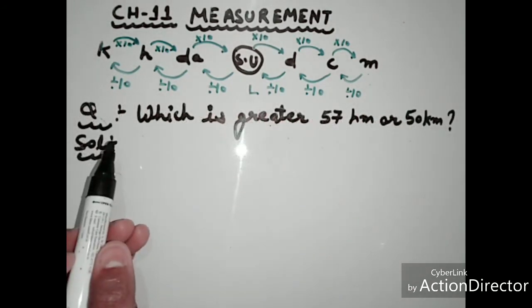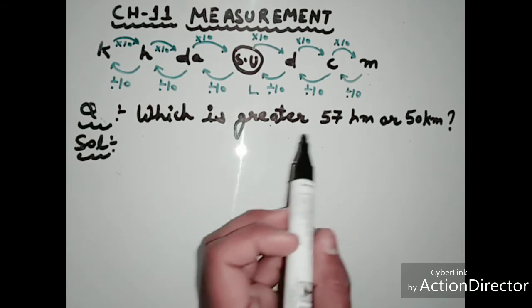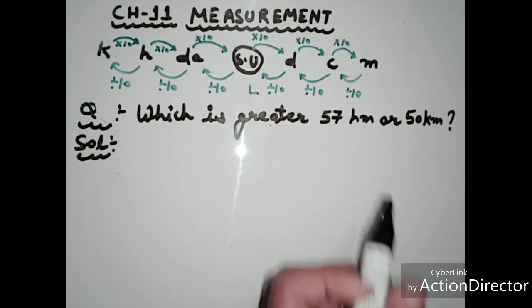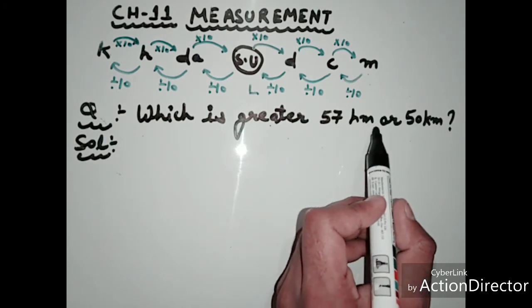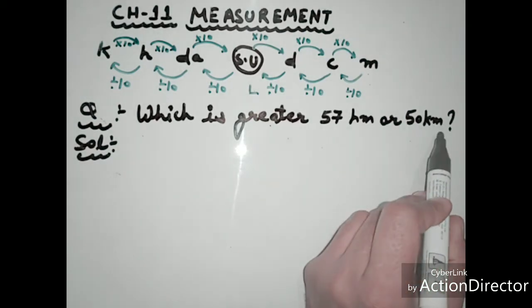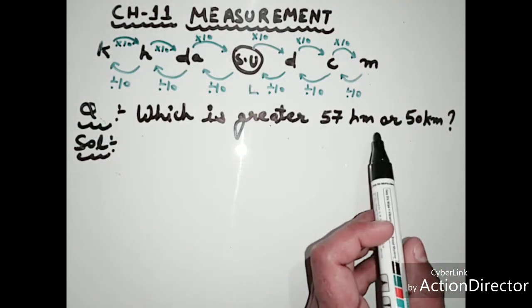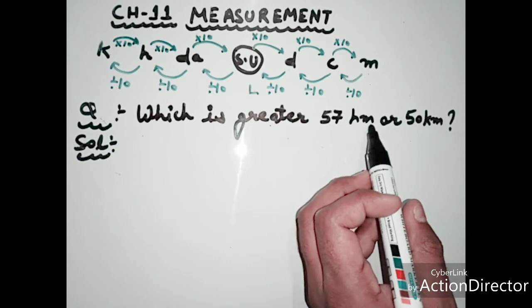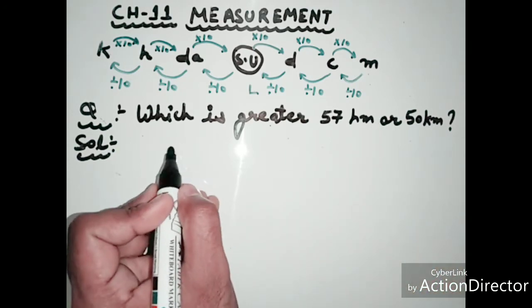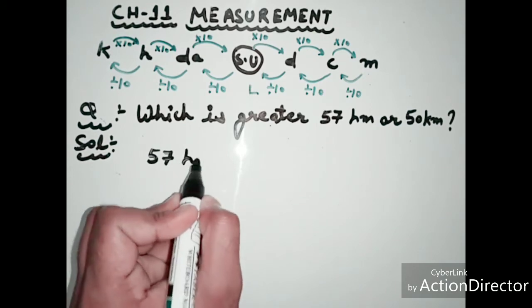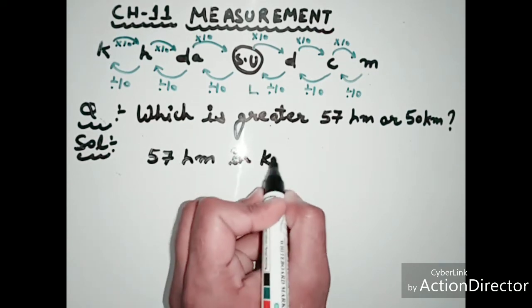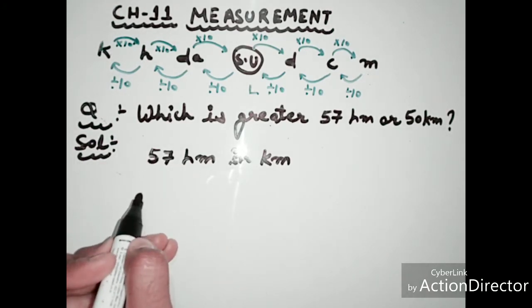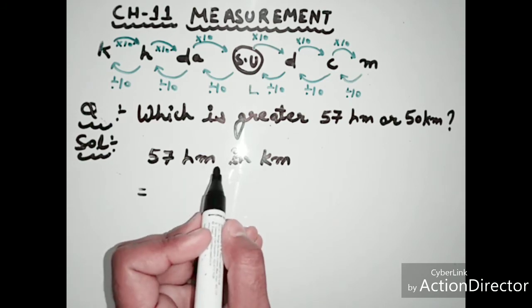Now the next example, which is greater, 57 hectometer or 50 kilometer? So here one measure is in hectometer and one in kilometer. First we convert one measure and make them the same. So here we convert 57 hectometer in kilometer. First we find how many kilometers in 1 hectometer.